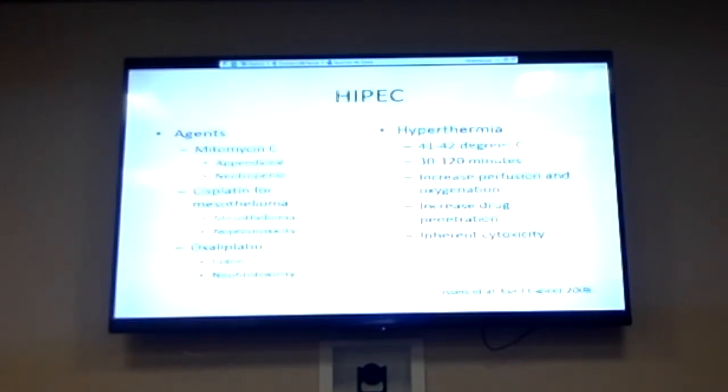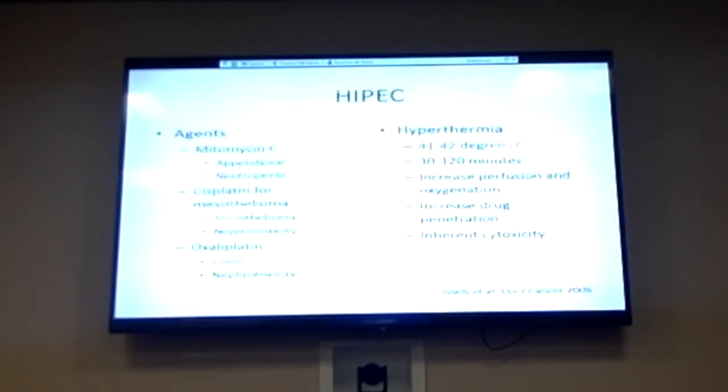In general, these are the main ones used here: mitomycin C for appendiceal carcinomatosis, cisplatin for mesothelioma, and oxaliplatin for colon.